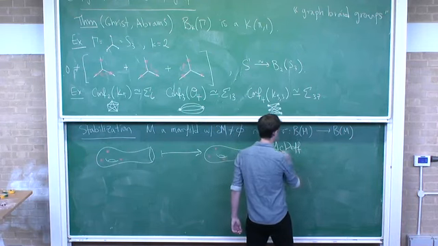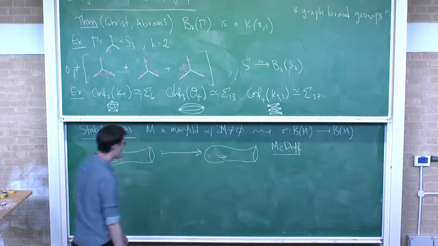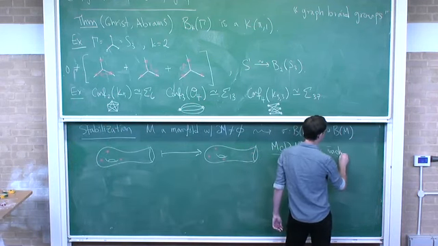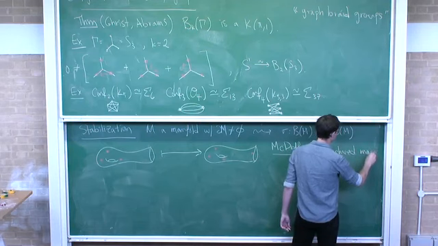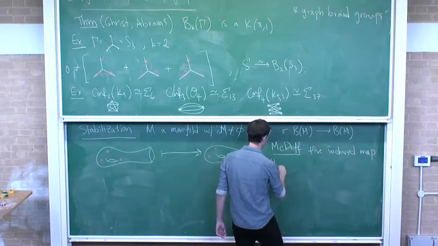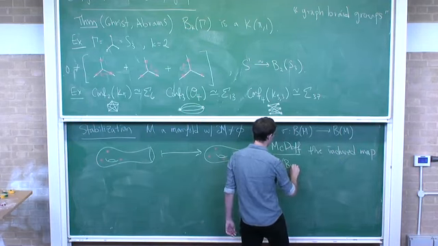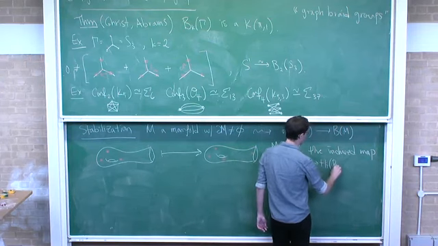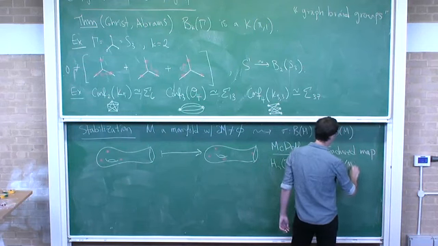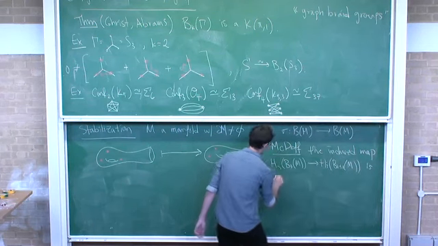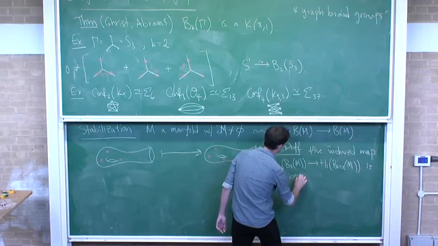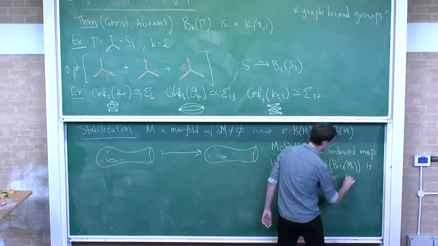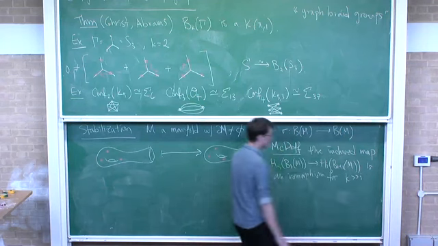And the relevance of this map is a theorem of Duff, which says that you can do a map from homology of B_k to homology of B_{k+1}, an isomorphism, for k much bigger than i.